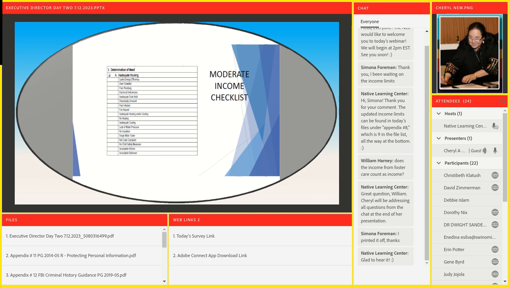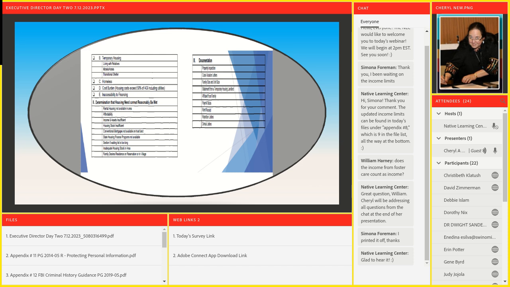You need to develop that checklist and that policy, and keep it as documentation that they met the requirements to utilize your Indian housing block grant dollars. You keep that in the file. Temporary housing, your documentation. Family desires residence on reservation or in village.